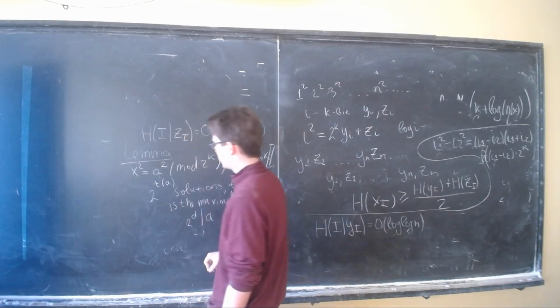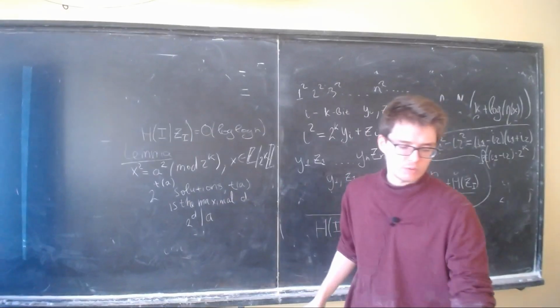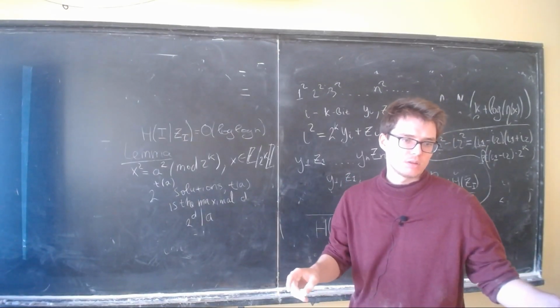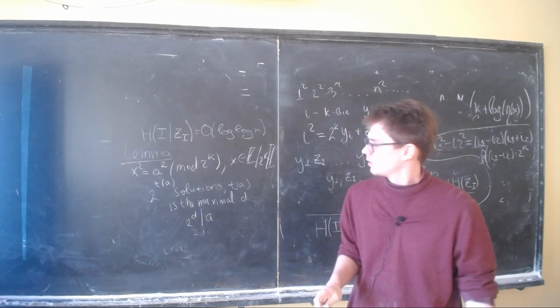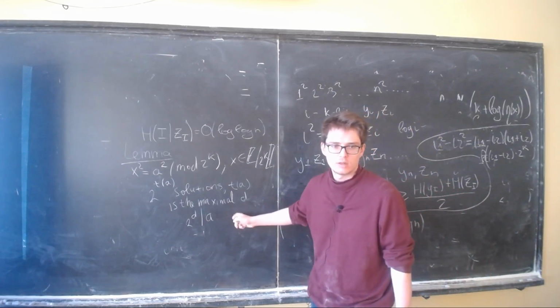Okay? So t of a is just the number of zeros at the end of a. So this is my lemma.